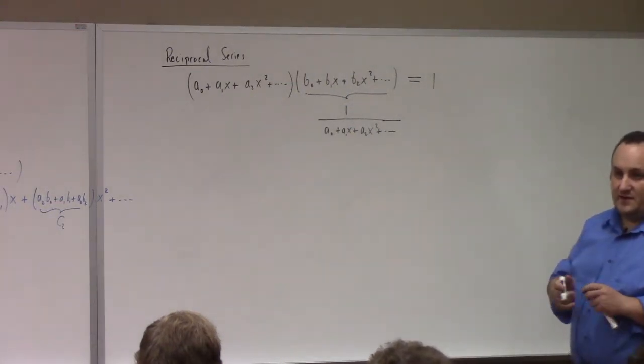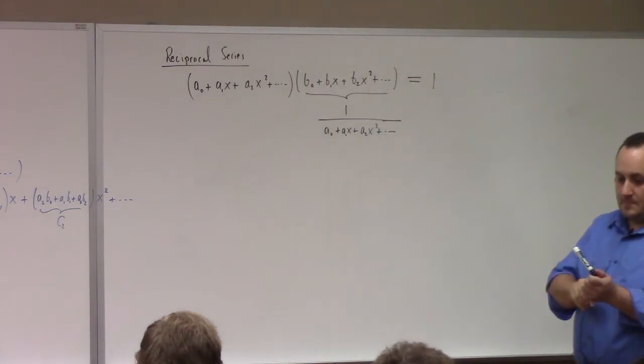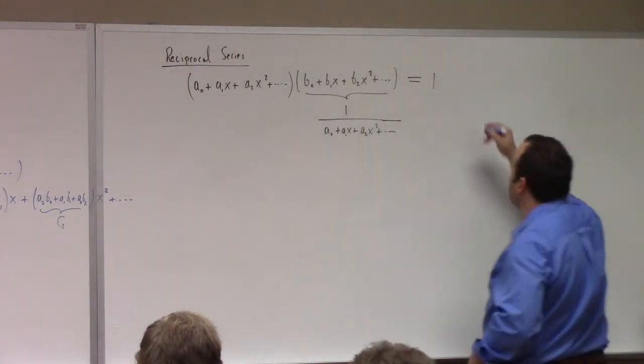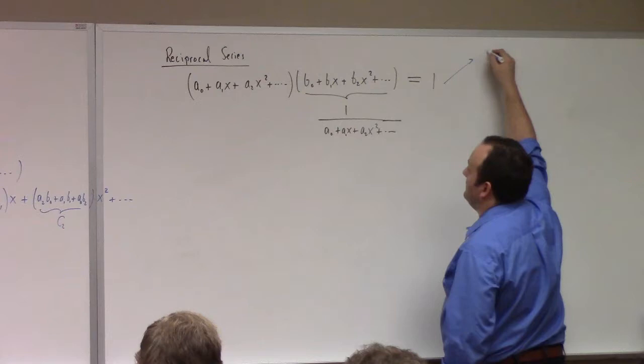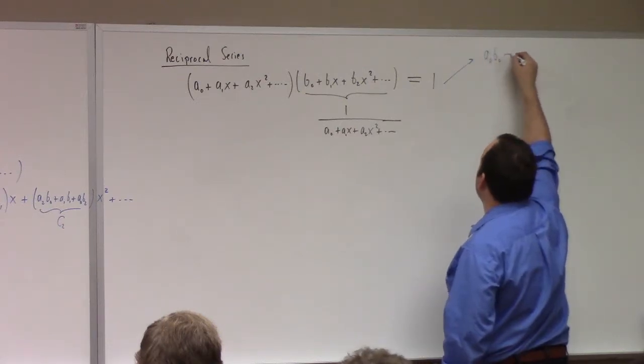So what does that mean? That means you've got a bunch of equations to solve, right? If you just attack it directly, this would say that a0 times b0 has to be 1.